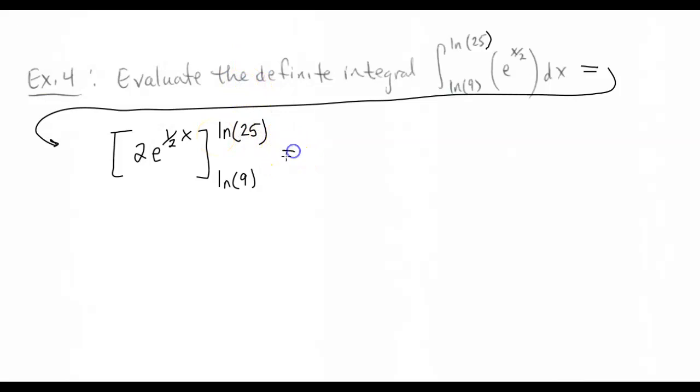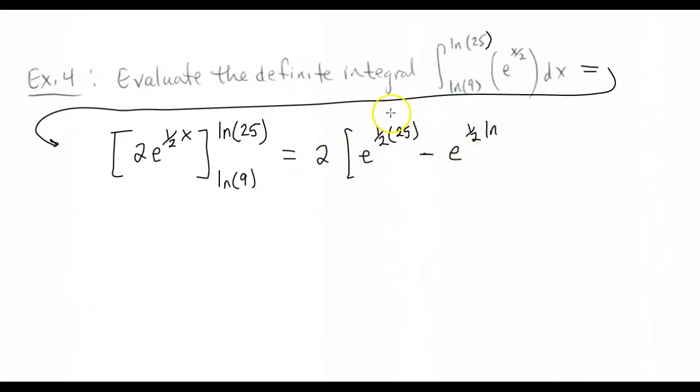So in doing this, we can ignore the 2. So we'll put that aside for right now. And we'll have e raised to the 1/2 times 25 here minus e raised to the 1/2 natural log.